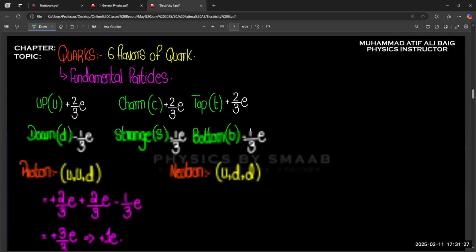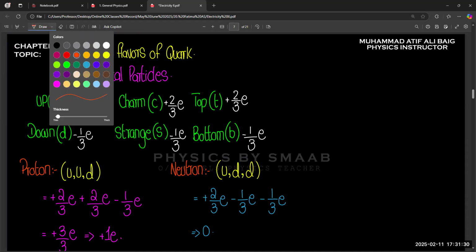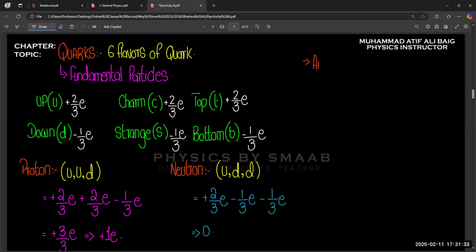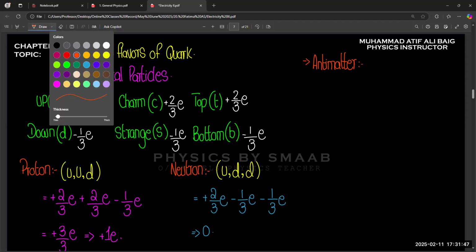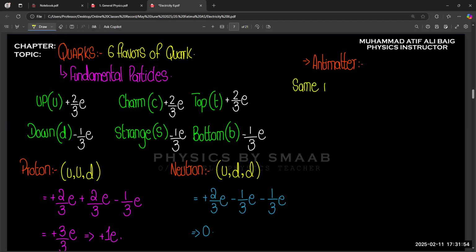So basically, antiparticles, or we also call them antimatter, have the same mass but opposite charge.